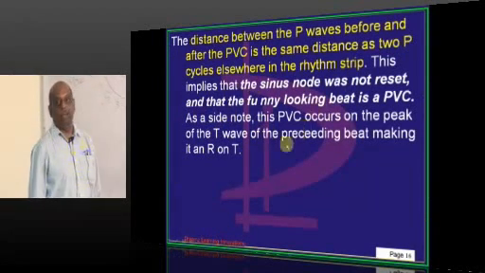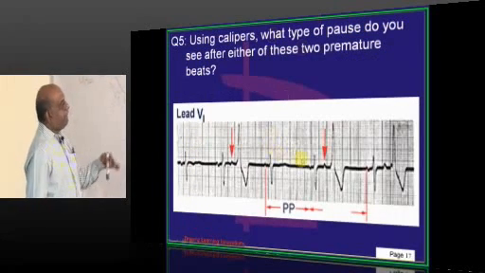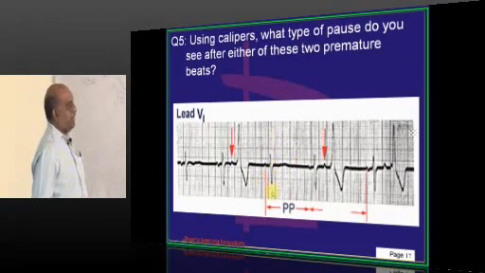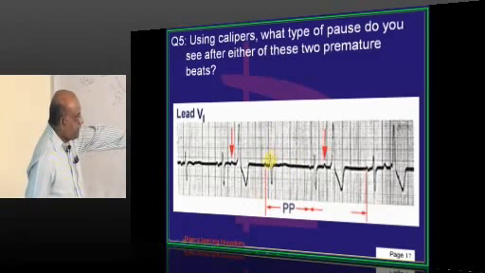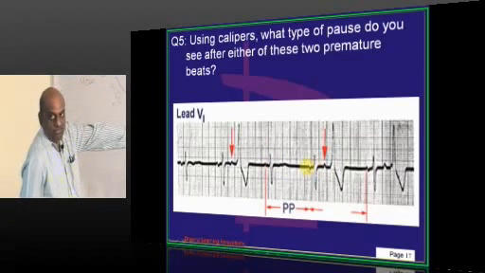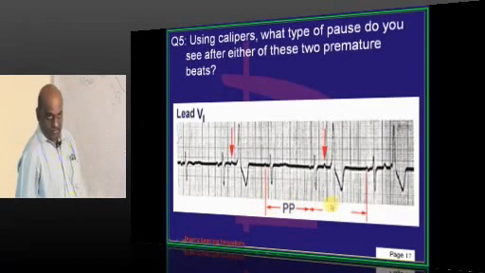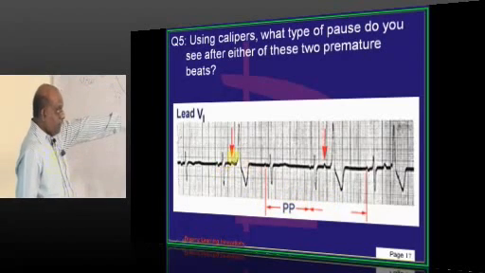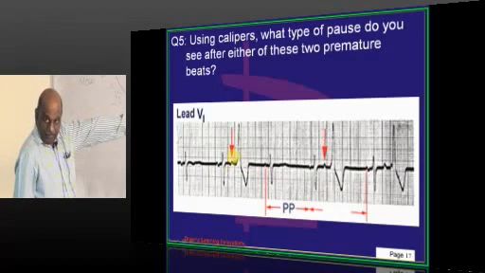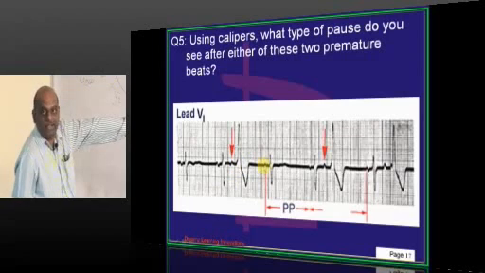Now doctor, using the calipers, what type of pause would you call this? See, before this QRS you have a P wave. Then once more next to the normal QRS you have a P wave. The distance between the two is called the PP distance. The same thing you do for a premature complex: the P wave before that and the P wave after that.